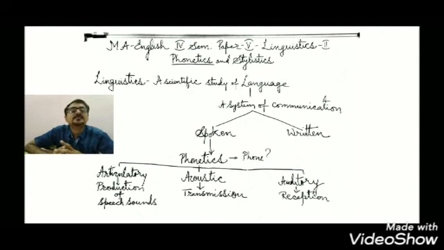And then comes auditory phonetics. The auditory section deals with the reception of speech sounds: the reception, perception, and the hearing part of it. But basically, we have to deal with the articulatory production of speech sounds.